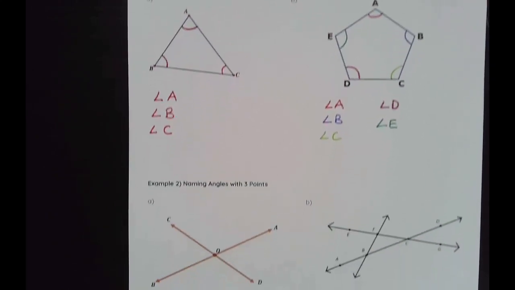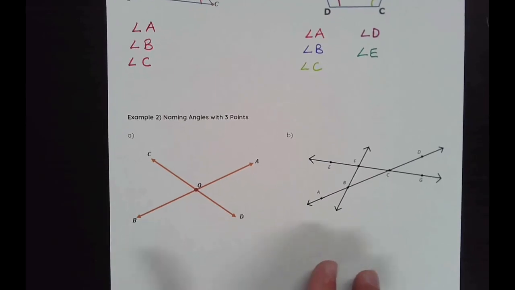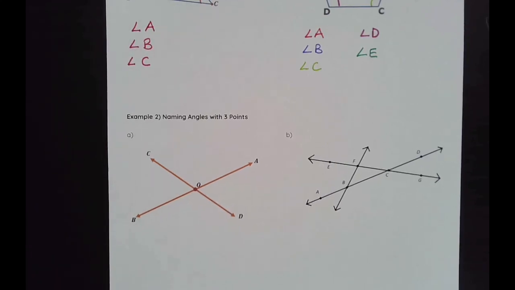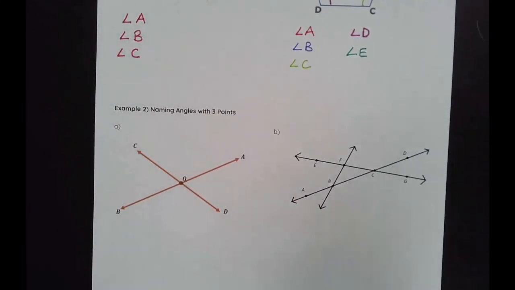Now, if I look at something a little more complicated, where I have intersecting lines, I have lines with my figure, and so on, naming becomes a little more difficult. Not more difficult, but a little more complicated. So let's look at example A. I'm going to point out an angle here.